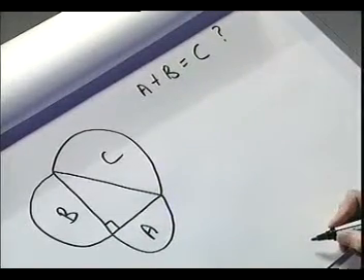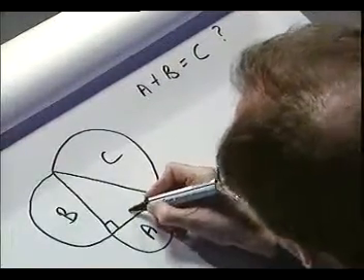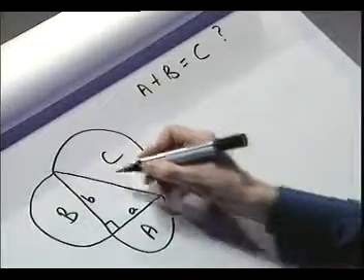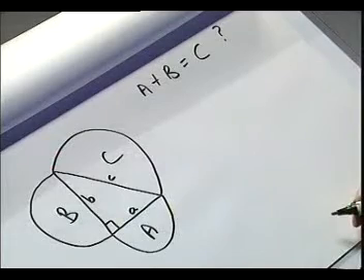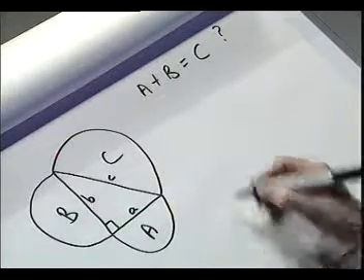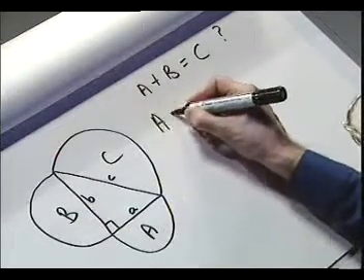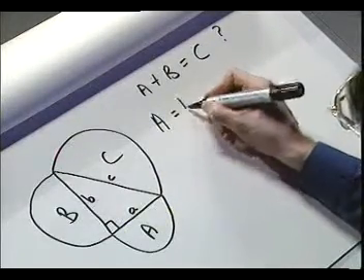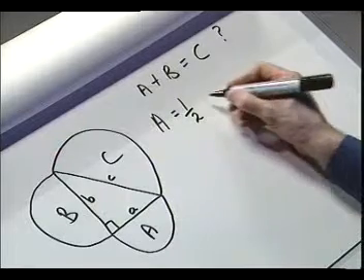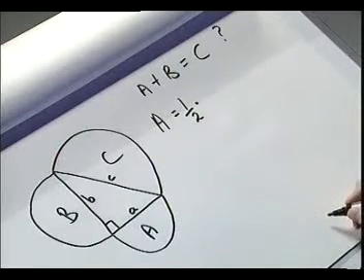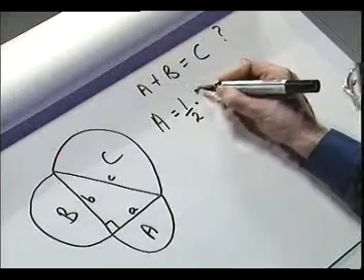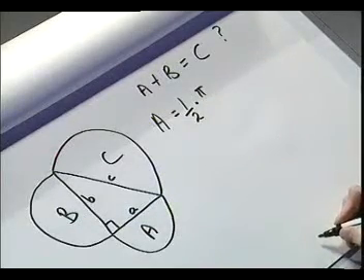Is that so? Well, let's label the sides. Little a, little b, little c, and work out the area. The area of A is, now the area of a semicircle is half the area of the circle, and the area of a circle is pi r squared. Pi times the square of the radius.